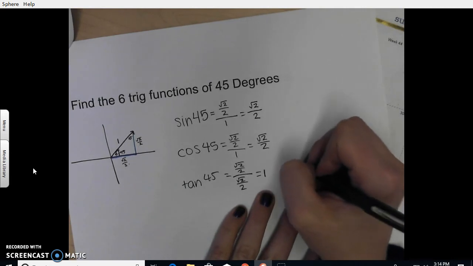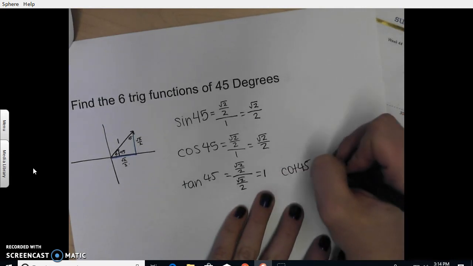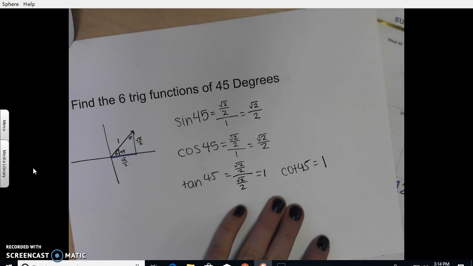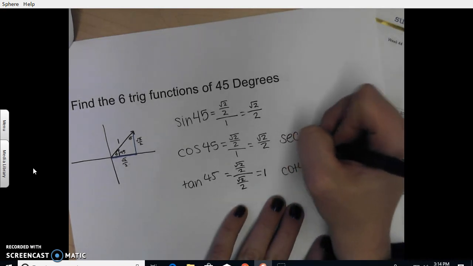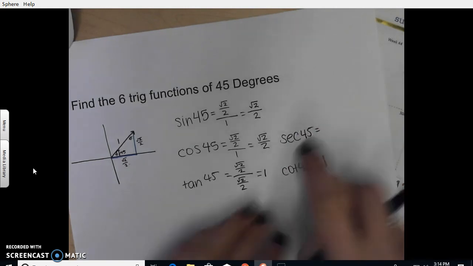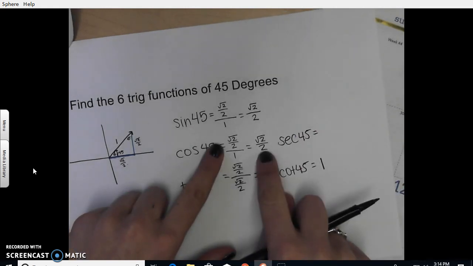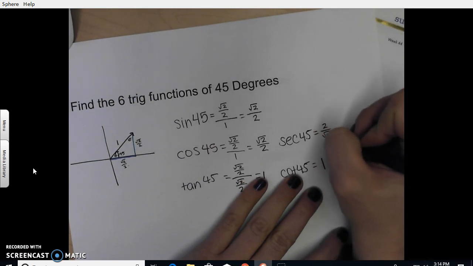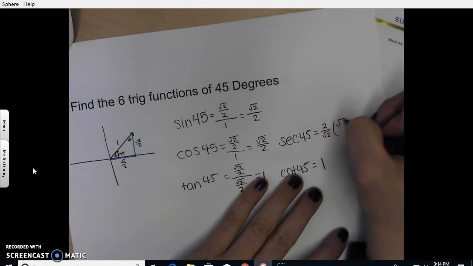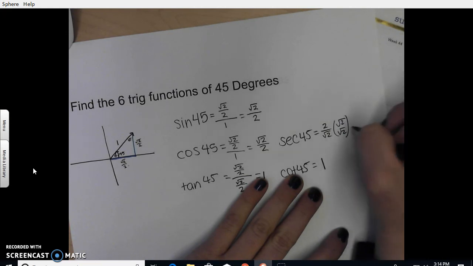The cotangent of 45 degrees is equal to the reciprocal, which is 1. The secant of 45 degrees is the reciprocal, which would be 2 over root 2. I need to rationalize by multiplying by root 2 over root 2.